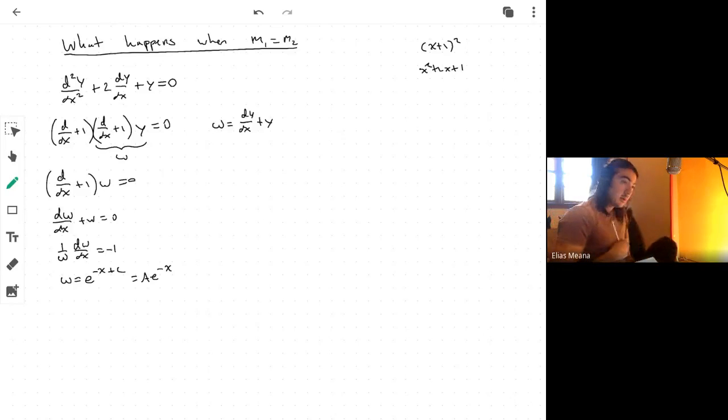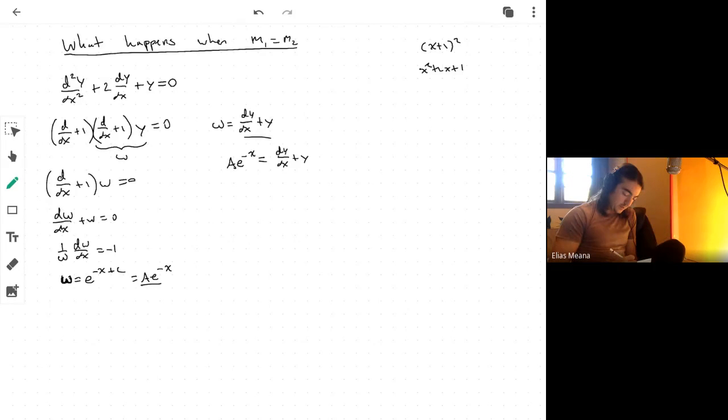Okay. So far, so good? Yes. Okie doke. So then setting omega and omega equal to each other, we end up with a e to the minus x equals dy dx plus y. We again are going to just use integrating factors here.